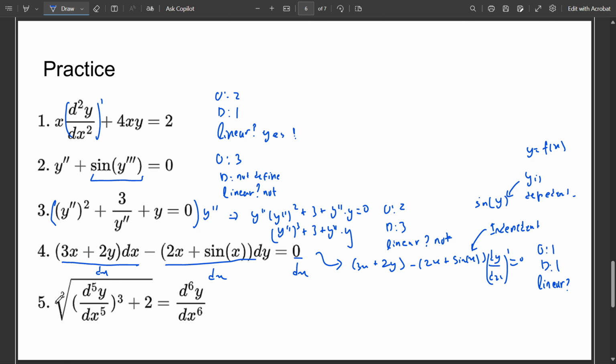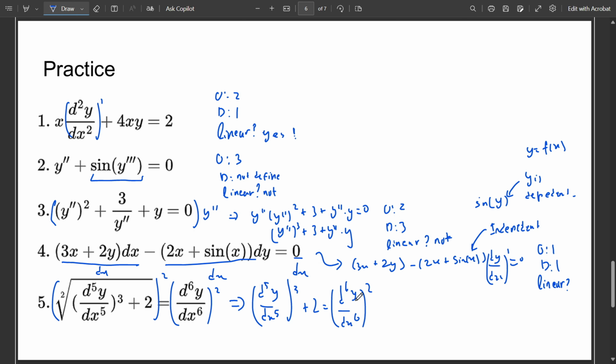And number 5. We can square the left hand side and right hand side. This becomes the fifth derivative cubed plus 2 is equal to the 6th derivative squared. And as you can see here, what is the highest derivative?